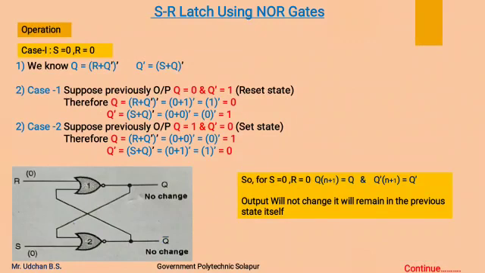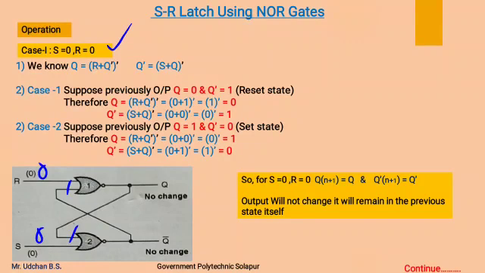As the latch has two inputs, there can be four possible combinations: 00, 01, 10, 11. We will see the four cases one by one. In this first case, S is 0 and R is 0. Unless we know the second input of both these NOR gates, we cannot predict the output of the circuit.